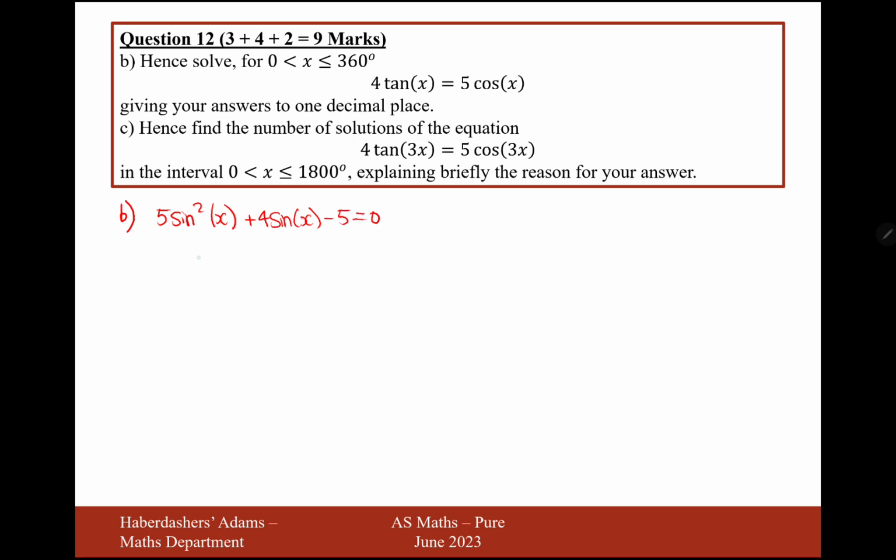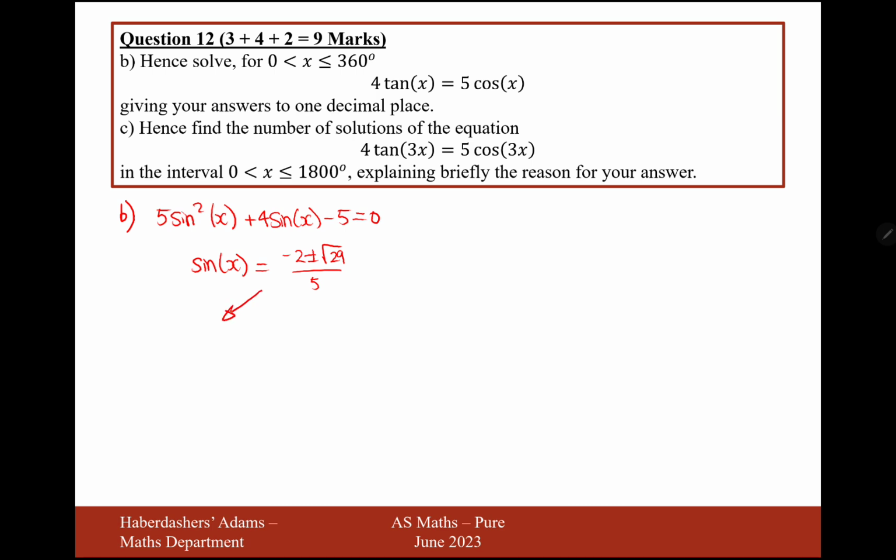What I'll do is I'll substitute that straight into the quadratic solver in my calculator. I don't think it factorizes. And this tells me that sine x is equal to minus 2 plus or minus root 29 over 5. So that's what the quadratic solver in the calculator tells me, that sine x is equal to this.